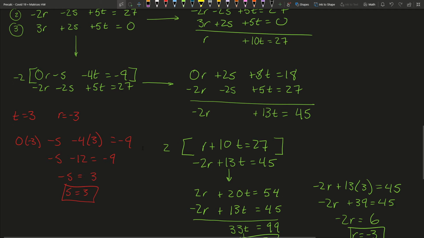And then we solve that system. Are there any questions over this elimination part? So that's the first part of the homework. Are there any questions over that?